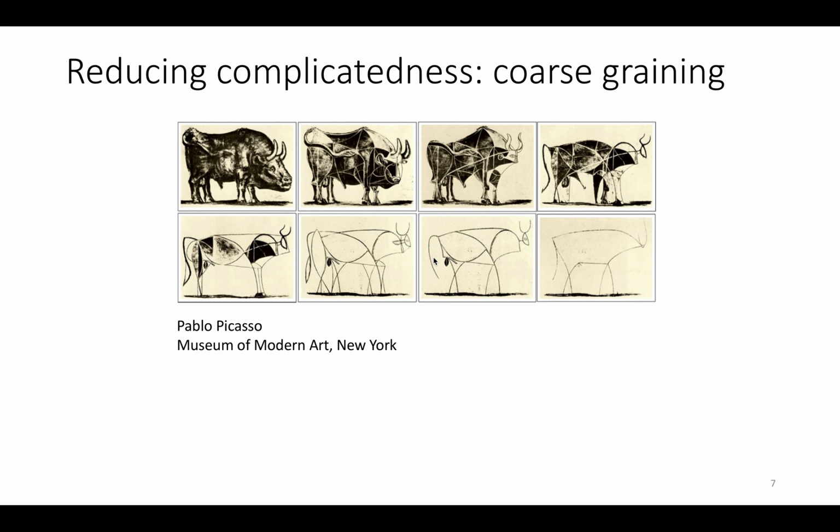Maybe the one all the way on the end is appropriate for when we want to simulate thousands of bulls interacting with each other, because the interaction rules would be very simple and the shape of the bull really doesn't matter in that case. In other cases, we might want to choose a more complicated approach that is less simplified. So this simplification is often called coarse graining. So you could regard this as looking at it in a lower resolution.